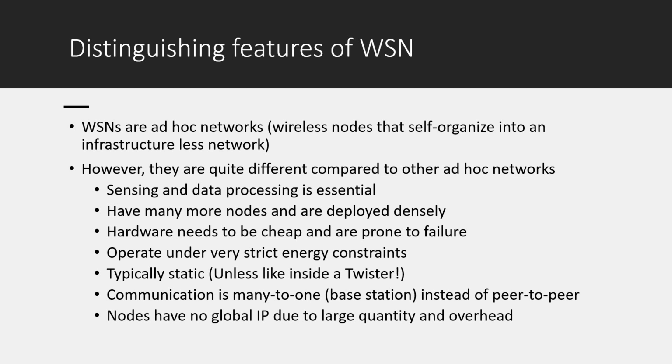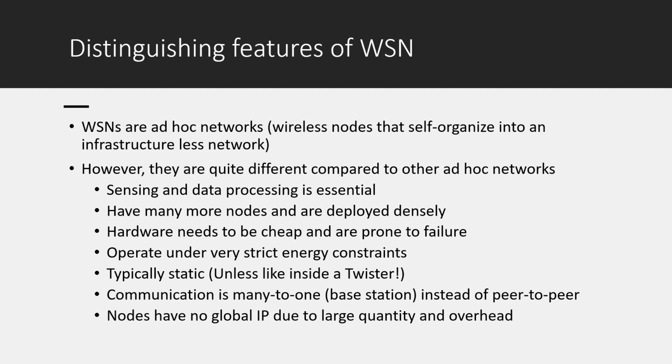So it's no use creating nodes which are very expensive. The nodes have to be very cheap so that they can be discarded whenever required, so that even if a few of them get destroyed, it's not a problem. You can just create more and send them there again. So the hardware needs to be cheap, and they can be prone to failure because they are cheap. So they operate under very strict energy constraints.